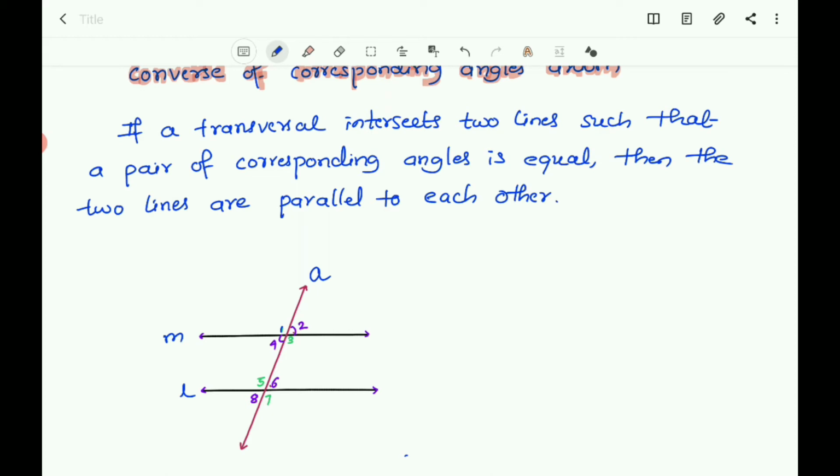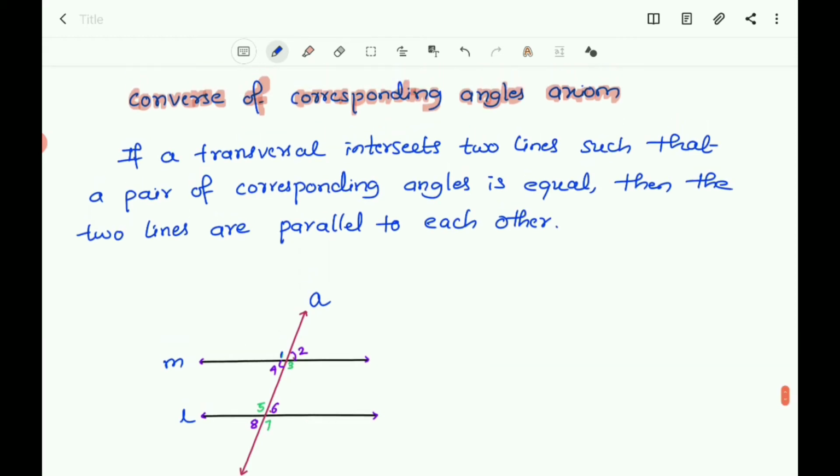The line M is parallel to L. So what does the converse of the corresponding angles axiom say? If a transversal intersects two lines such that a pair of corresponding angles is equal, then the two lines are parallel to each other.